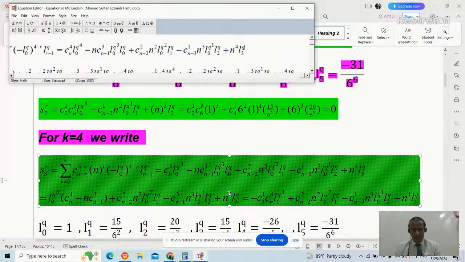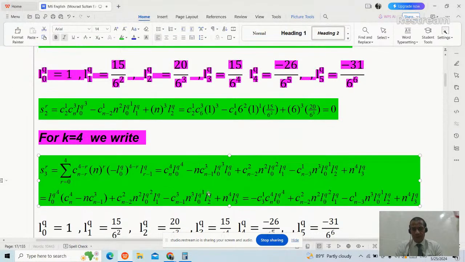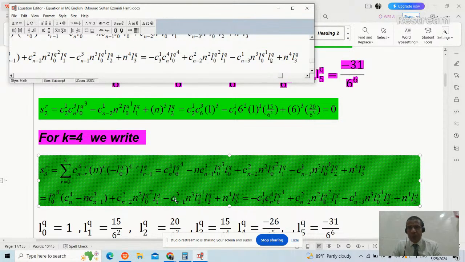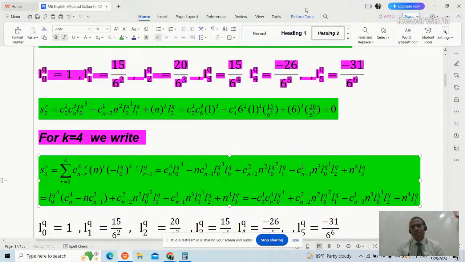Yes, correct. So it's correct. This one, we'll close this. Plus, here, I mean this one, I will go down. This one is one. Yes. So I will close this one.